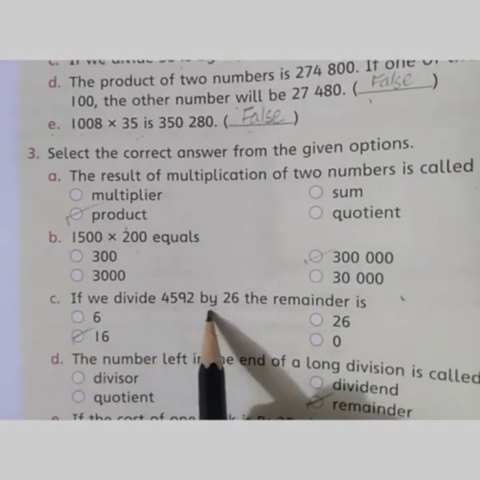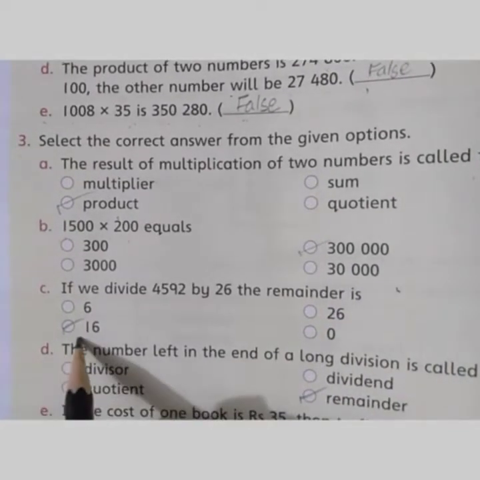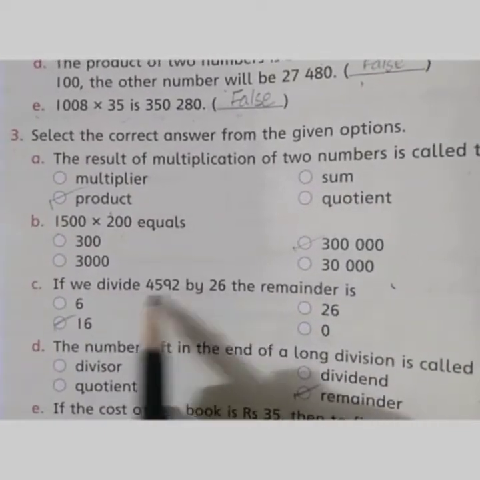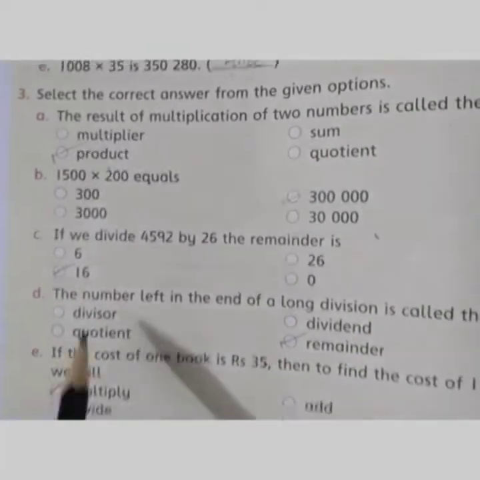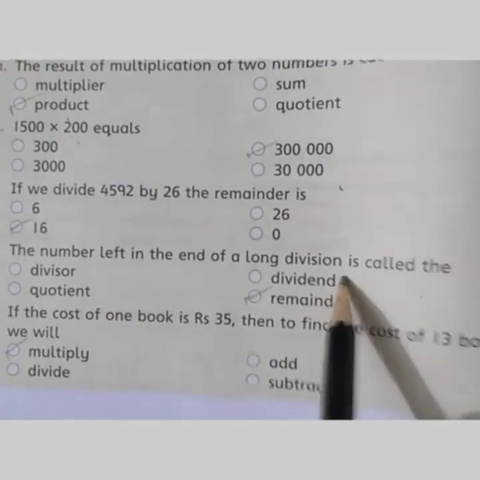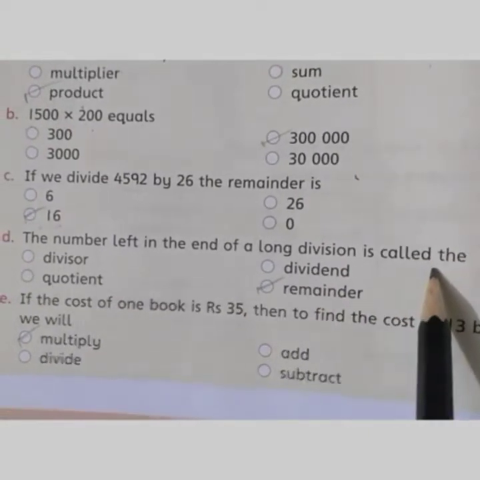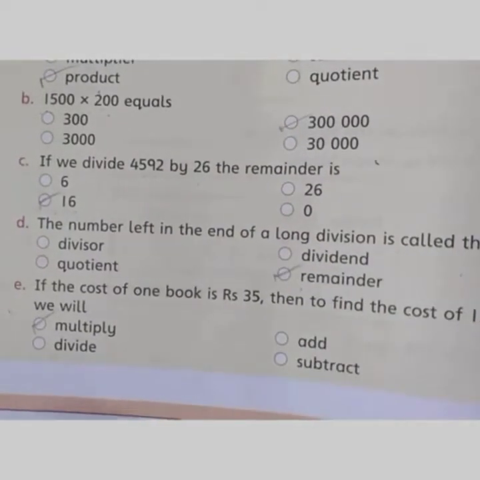If we divide 4592 by 26, the remainder is 16. By dividing these two numbers, we got the remainder, which is 16. The number left at the end of a long division is called the remainder.